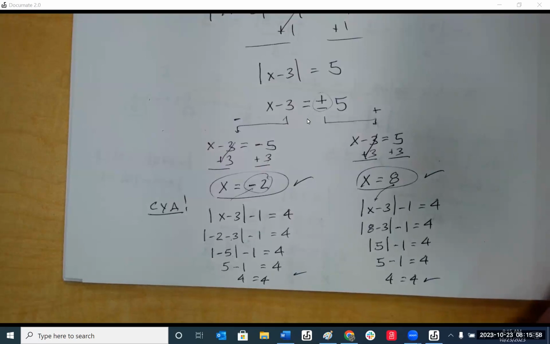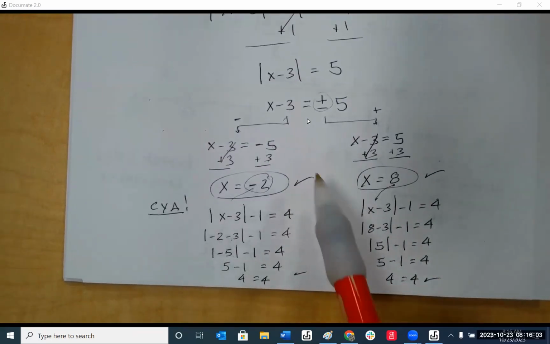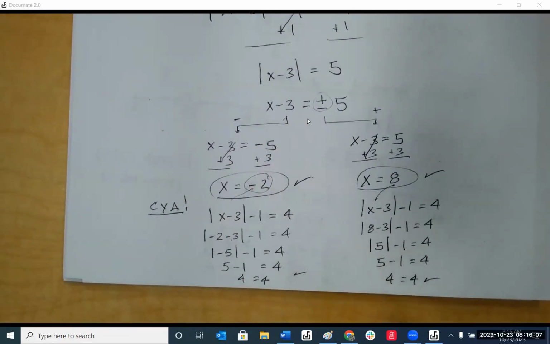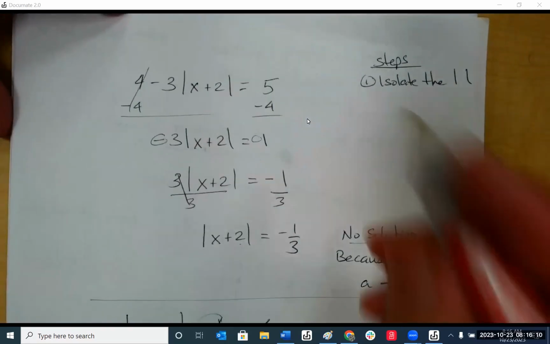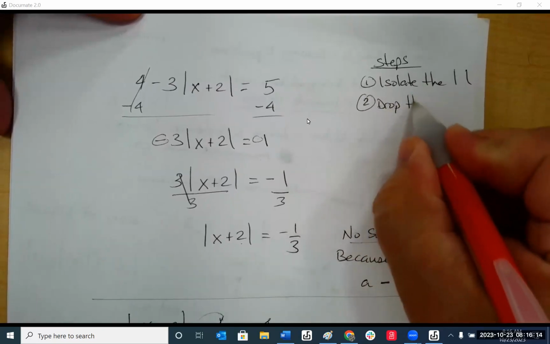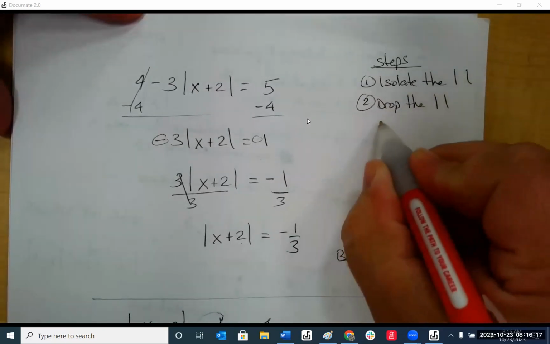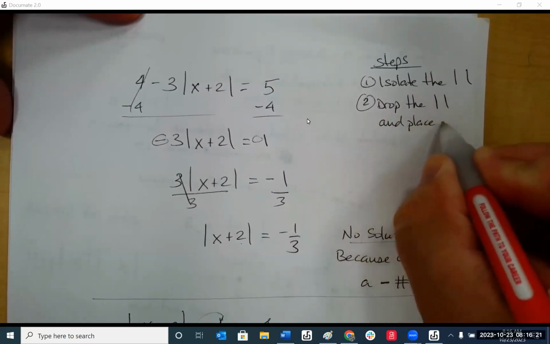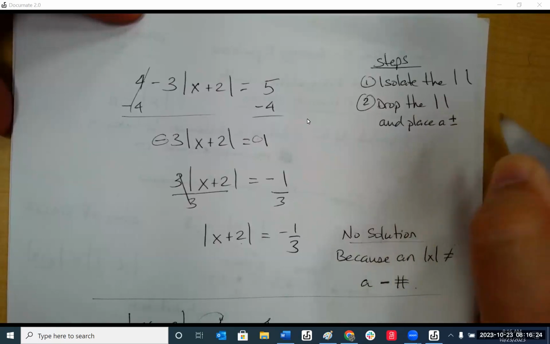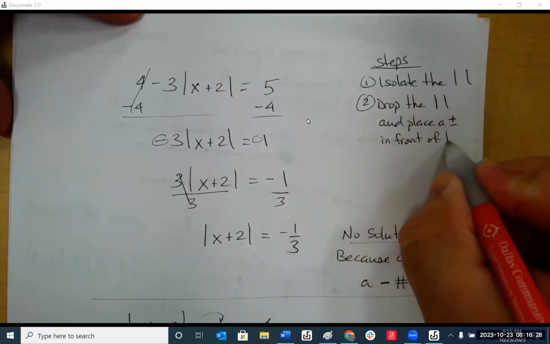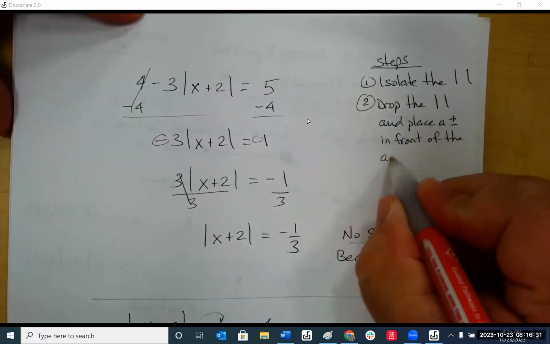So that does it for equal signs. We do it the same way, but you have to isolate the absolute value sign. Once you do that, then drop it: isolate the value, drop the absolute value sign, and place a plus minus in front of the answer.